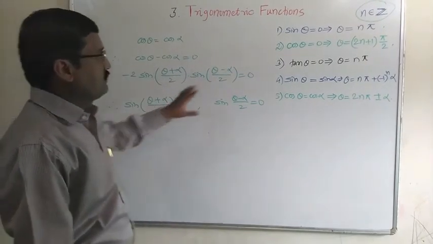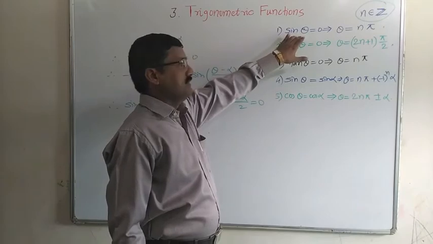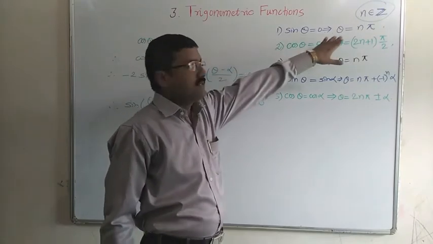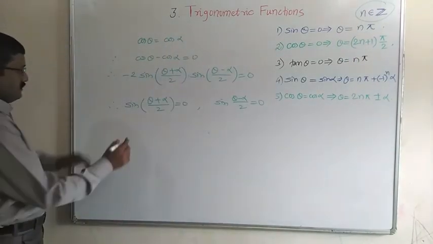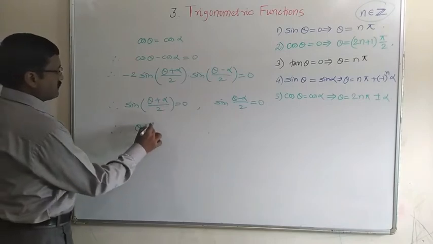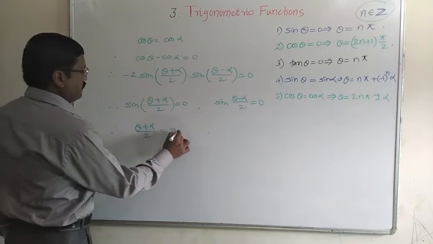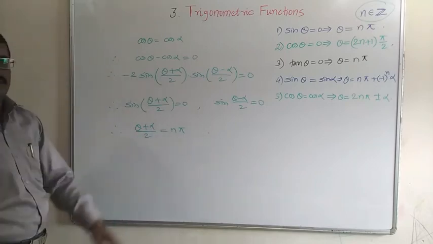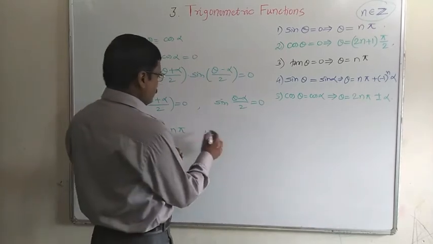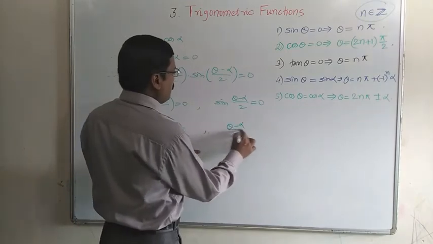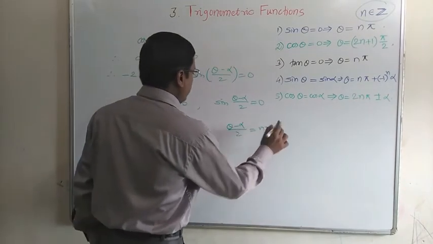Again we can use now the first formula, that is sin theta equal to 0 gives theta equal to n pi. So this angle (theta plus alpha)/2 equal to n pi by using that first result. Again here we get (theta minus alpha)/2 is equal to n pi.